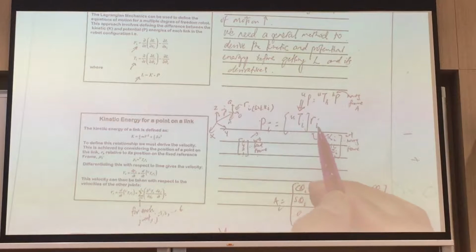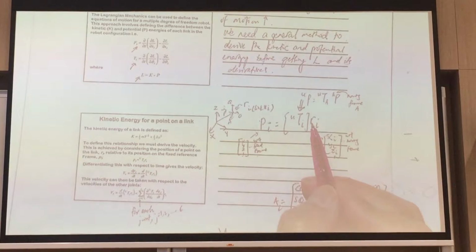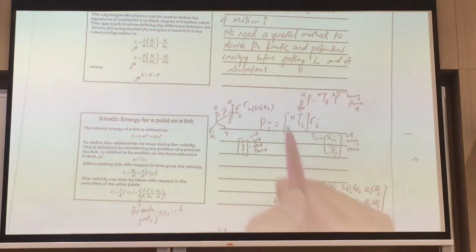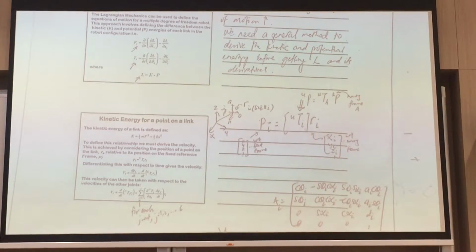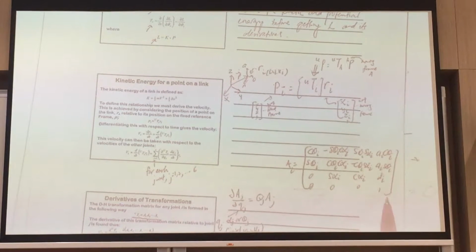Ri here is a particular point along link i, with respect to a moving frame, given by this transformation matrix UTi. UTi is similar to the matrix A that we have seen before.